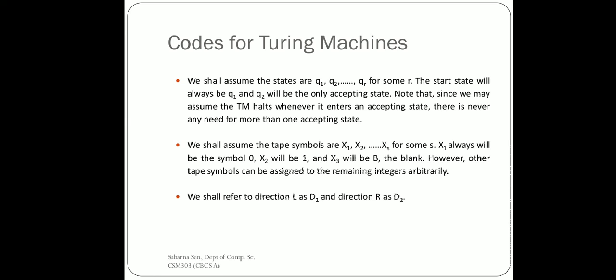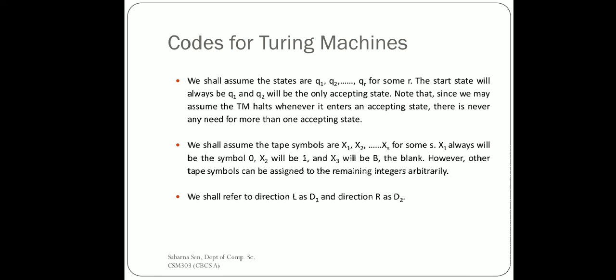We reduce the accepting states to just one because we may assume that the TM halts whenever it enters an accepting state. There is never any need for more than one accepting state, right? Since we are just using 0 and 1 to represent everything, this is enough, and we can represent the total transition in this form, with q1 and q2.